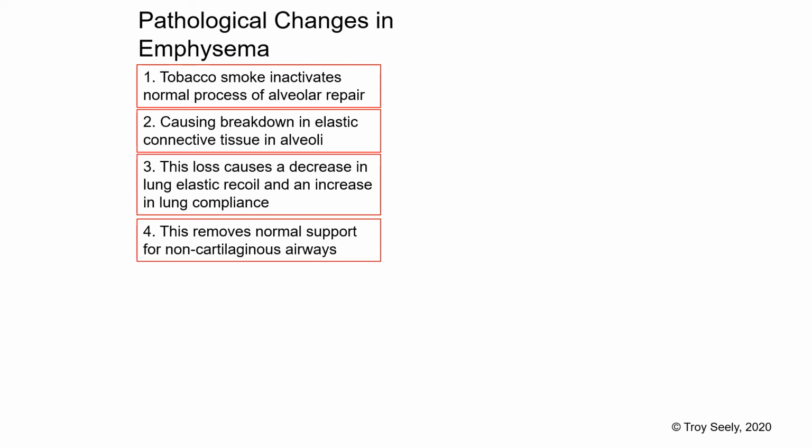Early on, we went over the anatomy. We talked about how you would have bronchioles and terminal bronchioles, and they're just involved in ventilation. They have cartilaginous aspects that make them up, but the alveoli don't. So they really don't have support like other parts of the airway because they don't have cartilage nearby. They're relying on elastin that is now broken down due to the presence of tobacco smoke.